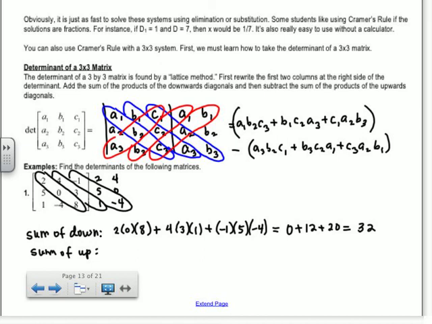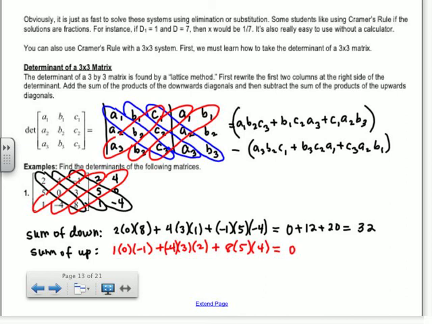Okay, now find the sum of the upwards diagonals. So I have 1 times 0 times negative 1. I have 4 times 3 times 2. Oh, negative 4 times 3 times 2, right? And 8 times 5 times 4. So when I do that one, I get 0 minus 24 plus 160.